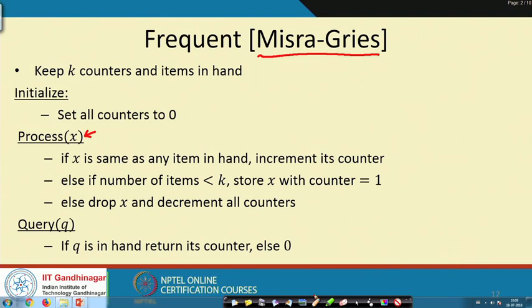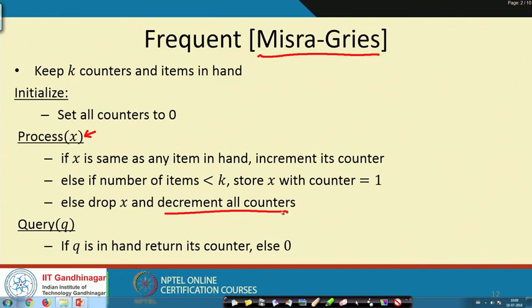If none of the above two happens, then we drop x first of all, but we do something strange, right. We decrement all the counters by 1. So each of the k counters is decremented by 1.